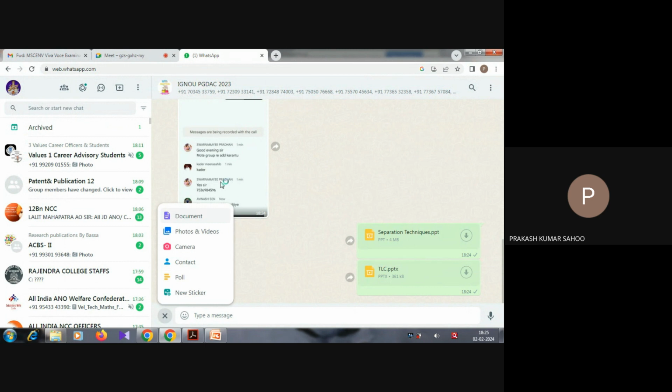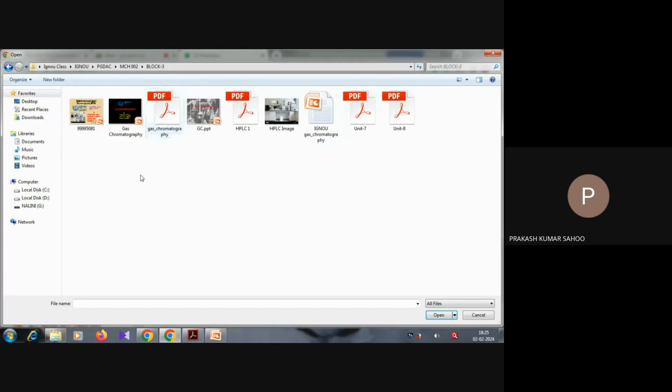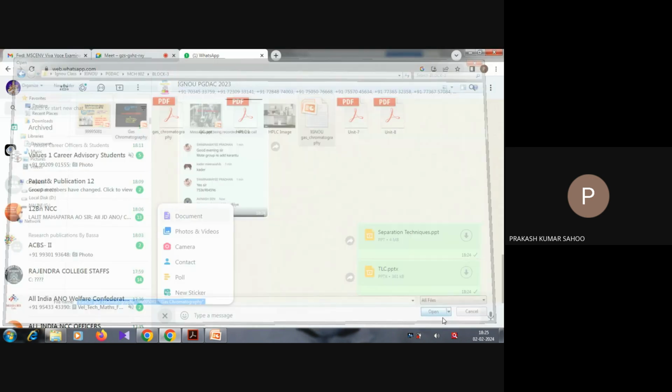If you understand the basic things of your separation technique, then everything is more or less easy. I share this one also.